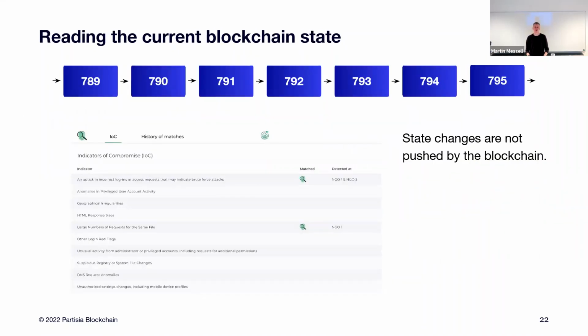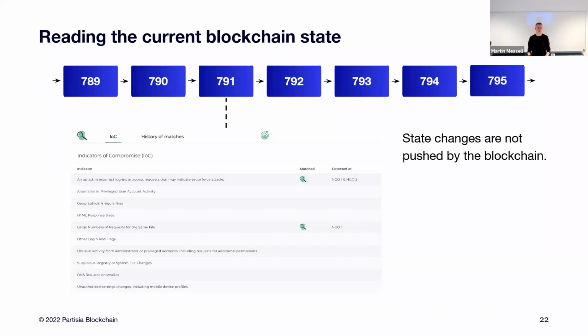So now, as with any application, you load it and you retrieve the state from your backend, which will be the state at that point in time. And as the blockchain changes with every block, you are now reading the state of a previous block.